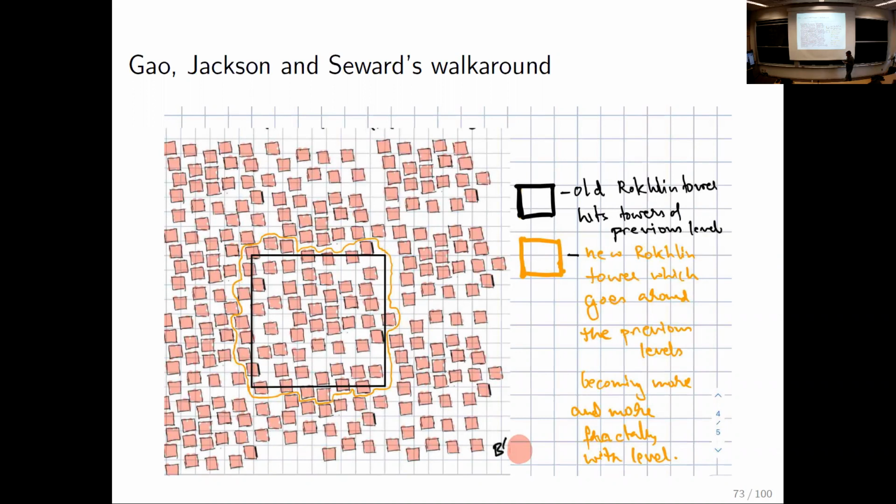And what you do is the following simple thing. Your box that you start with intersects a lot of other boxes, so you just walk around them. And whenever you intersect a box, you just include the box in your set. So this does not seem like a very non-trivial idea.